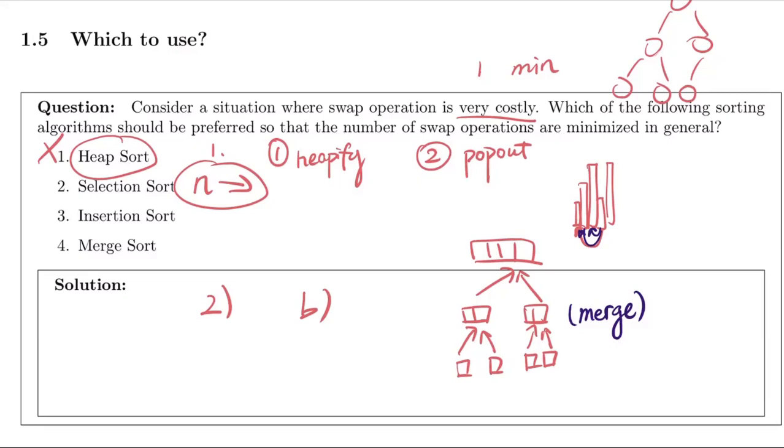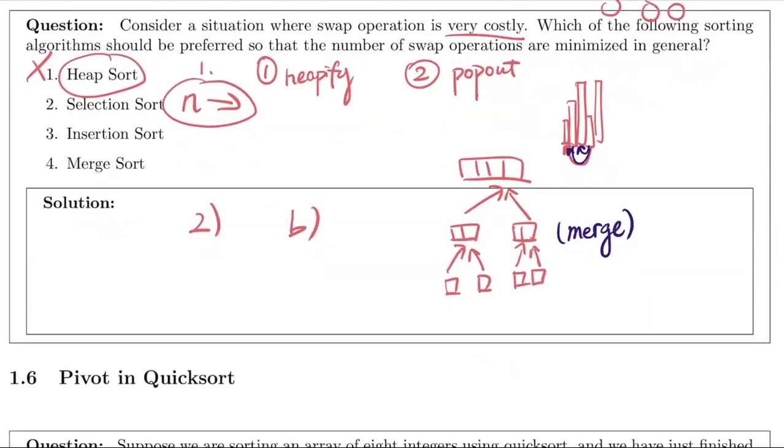Think of it in another way, because the swap operation is very costly. A swap is essentially moving one element to another position, right? Merge sort is divide and conquer: first go all the way down and then merge up.